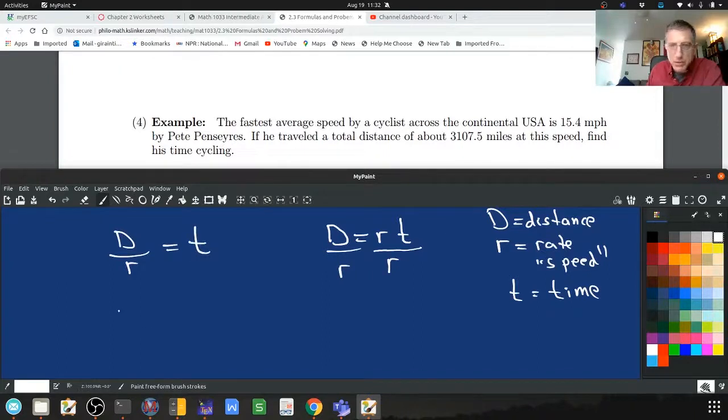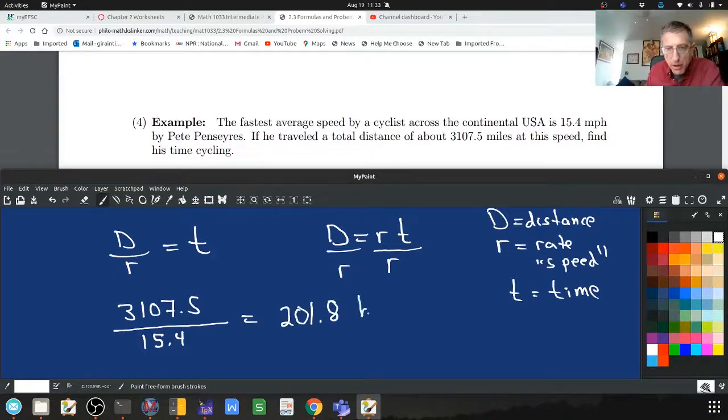His distance was 3,107.5 miles, and his average speed was 15.4 miles per hour. When I calculate this, it turns out to be 201.8, and those are hours.